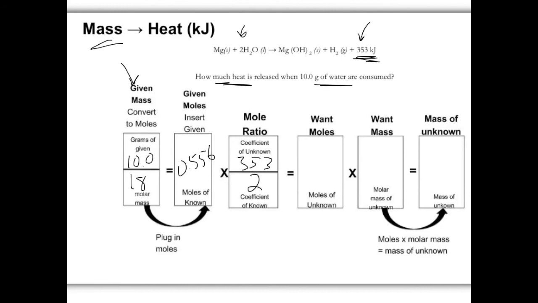So 0.556 times 353 over 2 is 98.1 kilojoules. Okay, so when you're doing energy, you can stop here, or heat. Either one of those two words are interchangeable as far as these problems go. So you'd stop here. You don't need any of this over here for an energy problem.